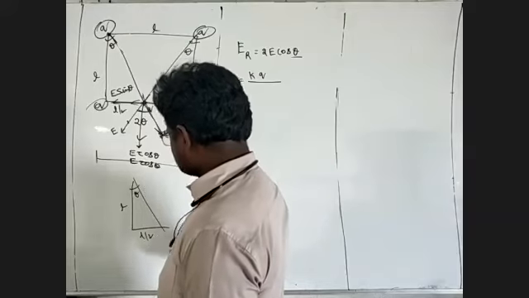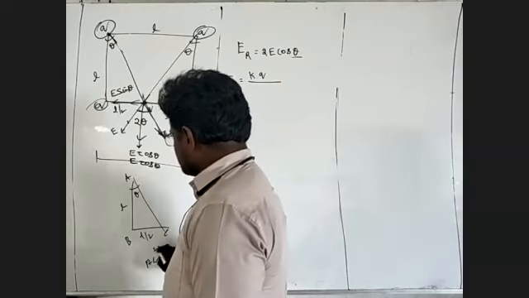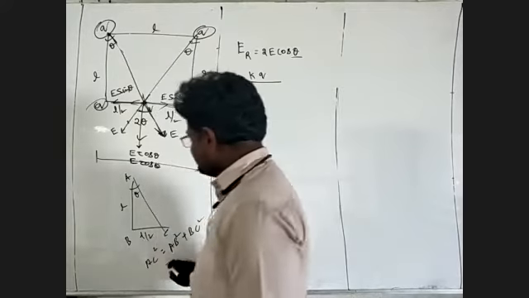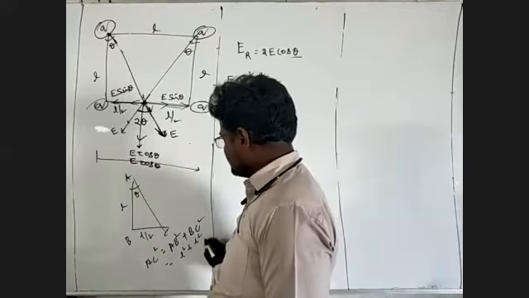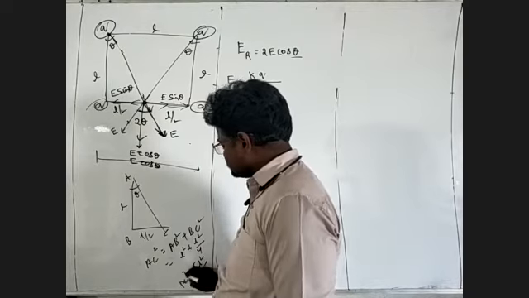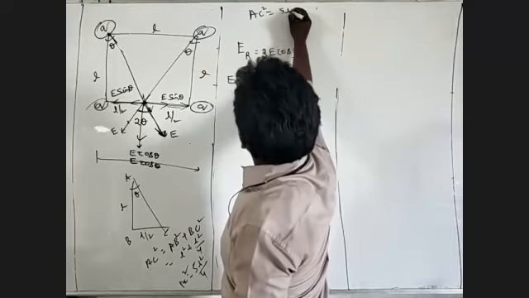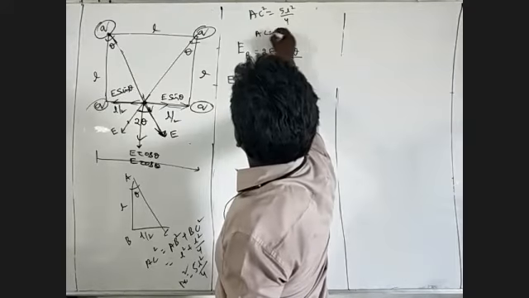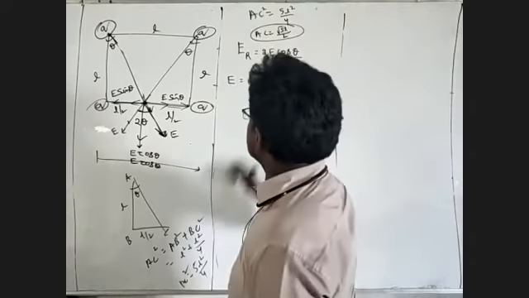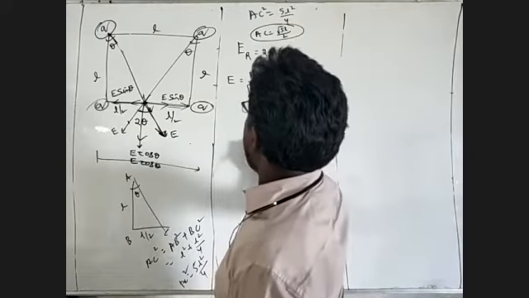Now this one: A point, B point, C point. AC square is equal to AB square plus BC square. Now this value is L square plus L square by 4, this is 5L square by 4. AC square is equal to 5L square by 4. Now AC is equal to root 5 L by 2. So root 5 L by 2 whole square. This is the E value.